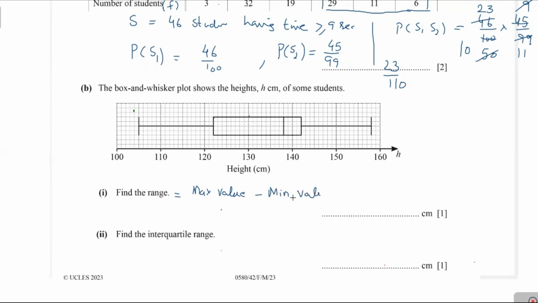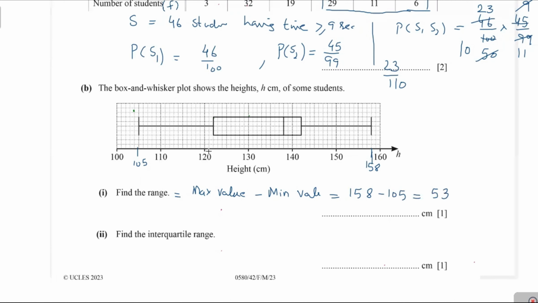You see here the minimum value is 105 and the maximum is 158. Now we can write 158 minus 105. Therefore, 53 will be the answer.